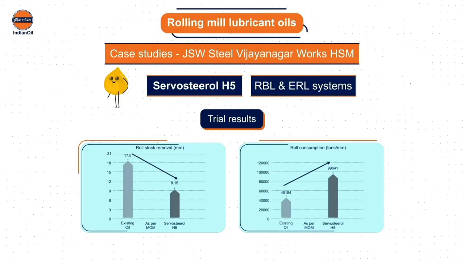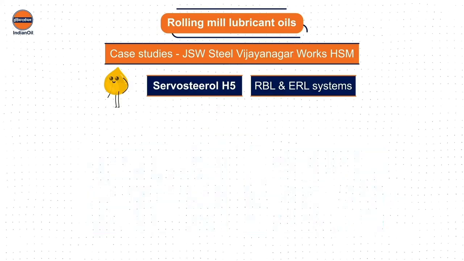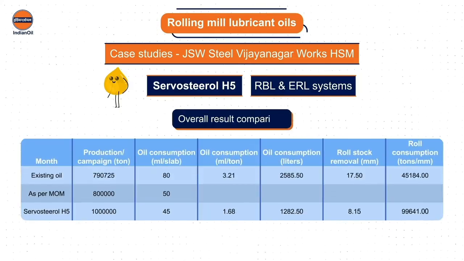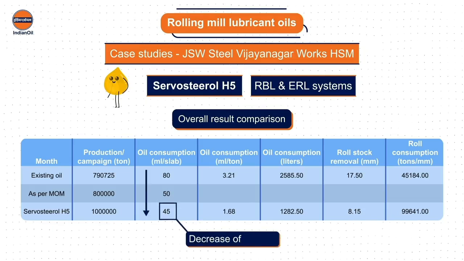From the overall comparison, it is evident that oil consumption reduced from an existing 80 ml per slab to 45 ml per slab, a decrease of 43.75%.